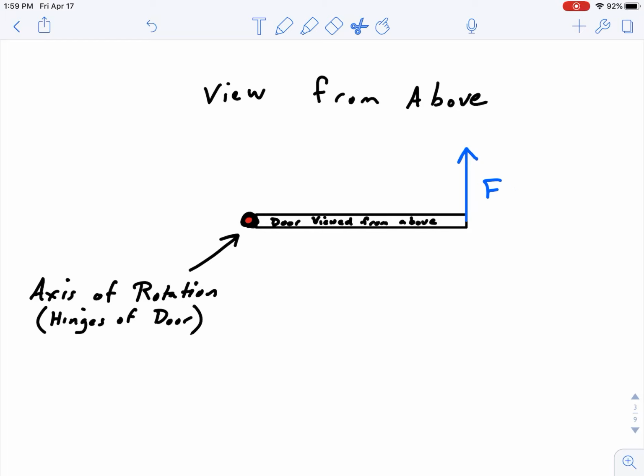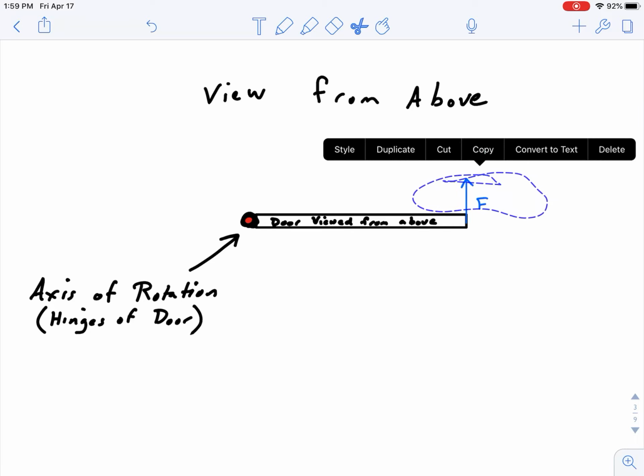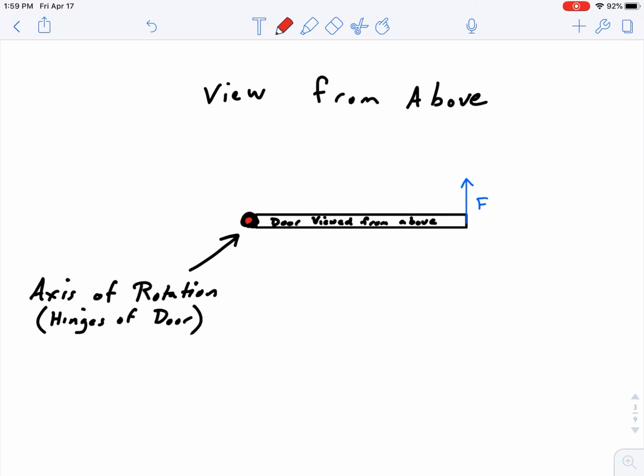And as I mentioned, I was actually able to make my force smaller, but I actually got a bigger angular acceleration of the door, because I was pushing much further away from the axis of rotation. So in this case, we have a very large r value, or moment arm, which provides for a much larger torque.